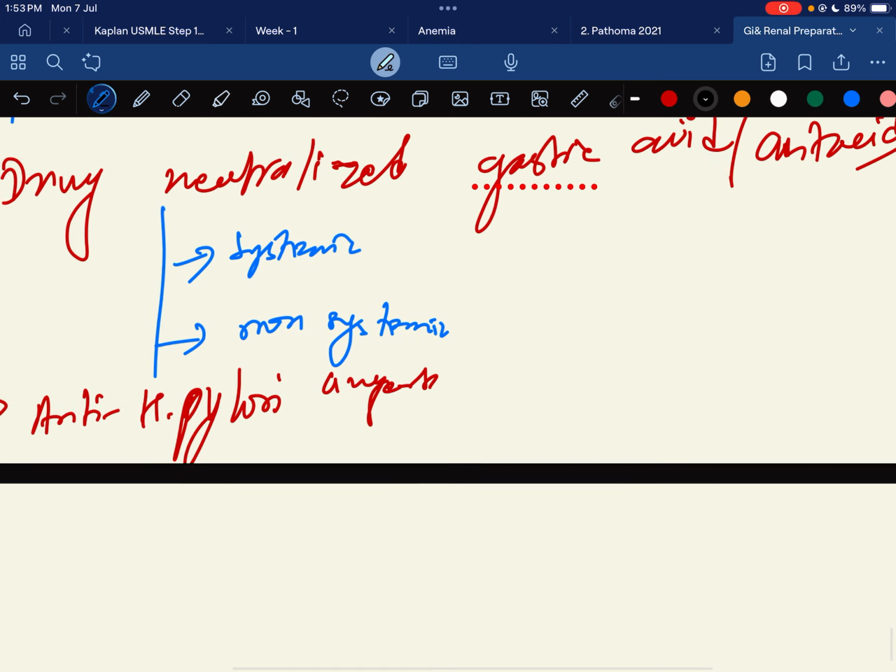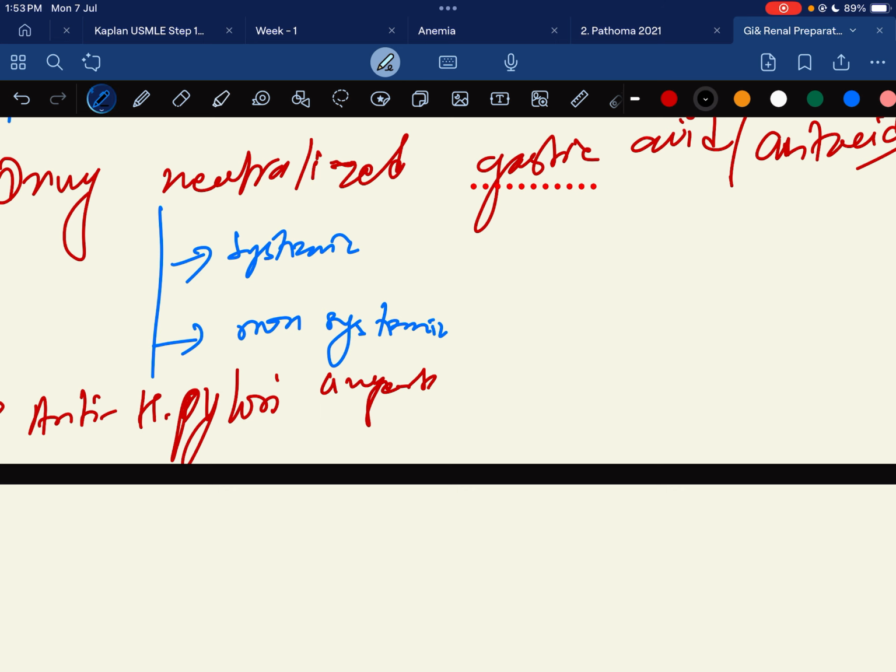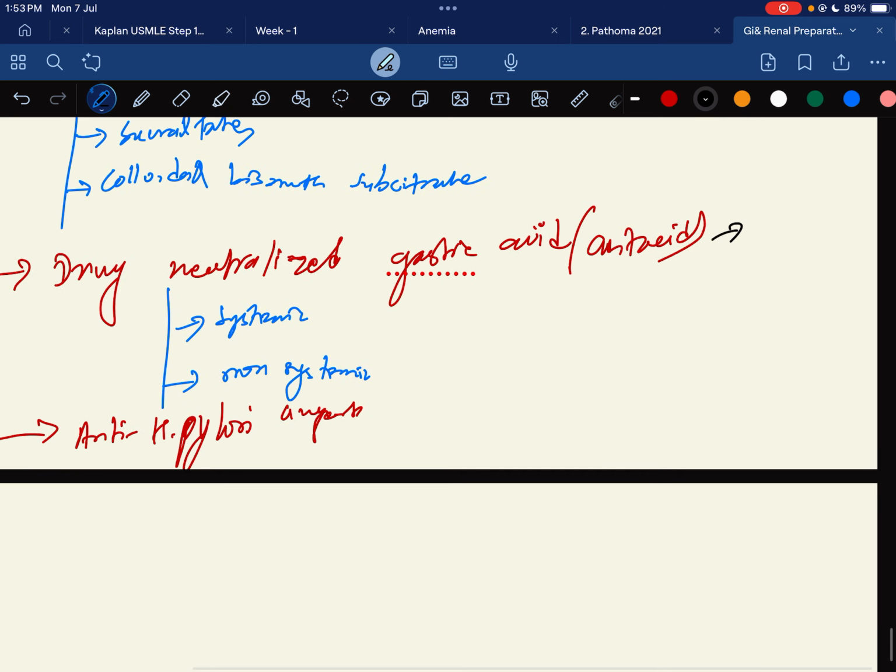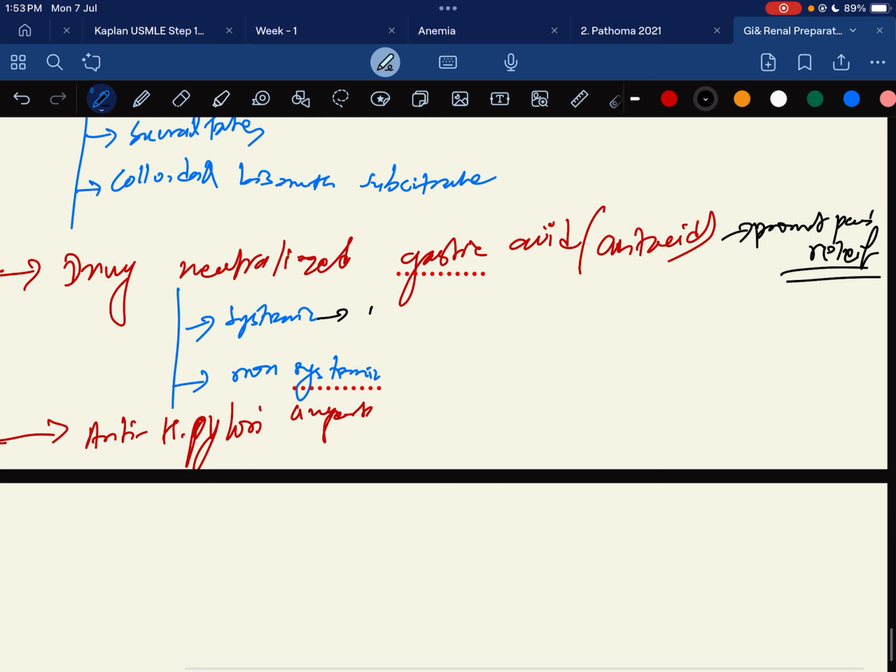In the systemic, it also promotes pain relief. So in the systemic there is sodium bicarbonate. Then there is sodium citrate. Regarding non-systemic, magnesium hydroxide.